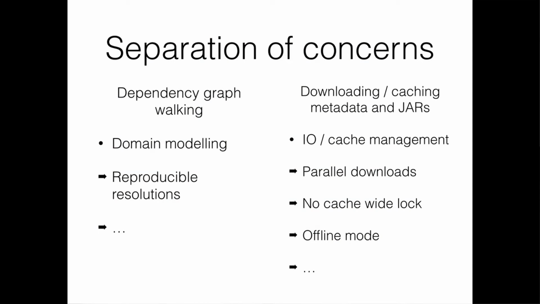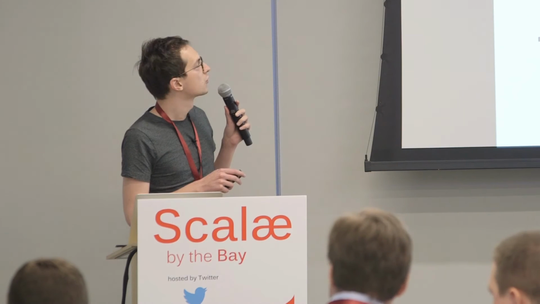So Coursier is a library to manage dependencies, and roughly this kind of library consists of two big components. On the one hand, it works on a dependency graph. That is, it goes from one dependency to the other while at the same time reconciling versions or handling exclusions, this kind of thing.